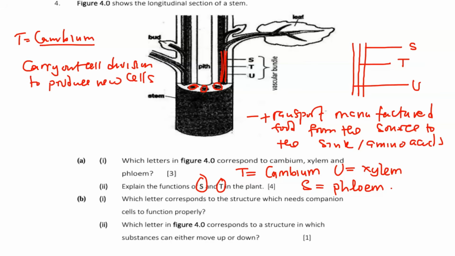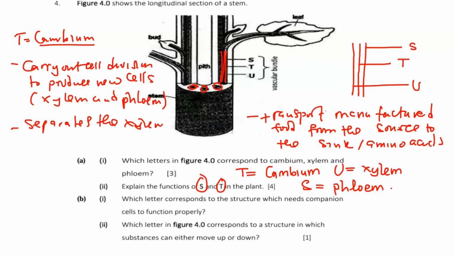The new cells that are produced include the xylem and the phloem. That is the function of the cambium. But aside from that, it separates the xylem and the phloem, as we've seen in the previous one. So these are the two functions of the cambium.